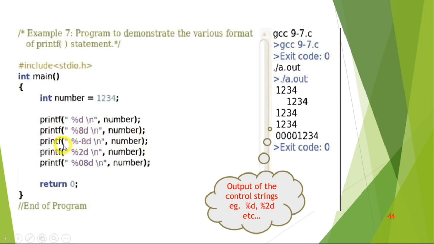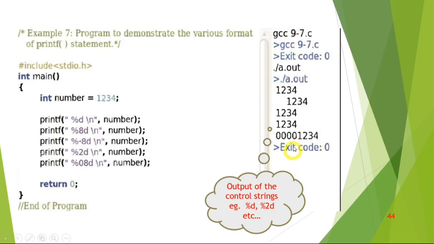Here is %8d, then say %-8d, that is for left alignment, and the plus sign, say positive numbers are in right alignment, and last one is %08d actually. So each and every statement having different output actually.